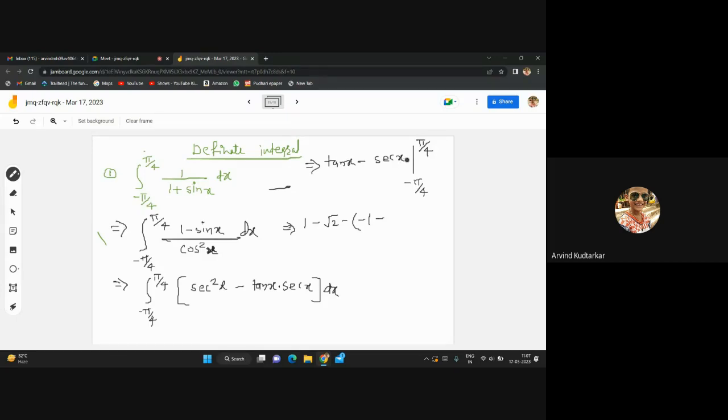Cos of minus theta is cos theta, so sec of minus theta is sec theta, right? Meaning sec pi by 4, minus root 2 and then minus minus plus root 2.